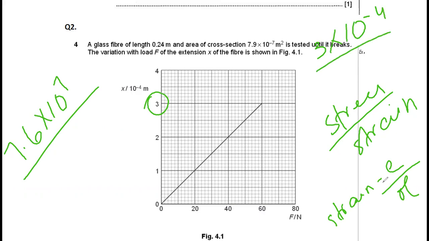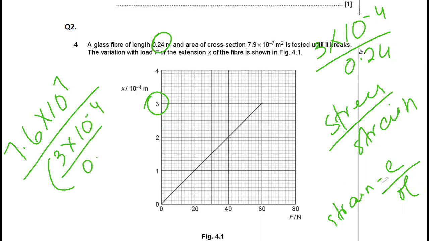The original length that you have is 0.24. You will divide the two of them and find out what your strain is. You put that strain in the denominator, and you divide stress by strain, and you will find out your Young modulus.